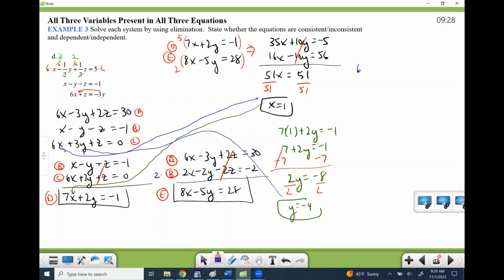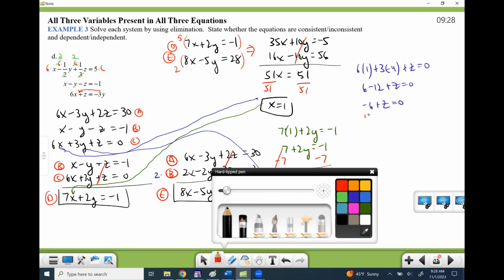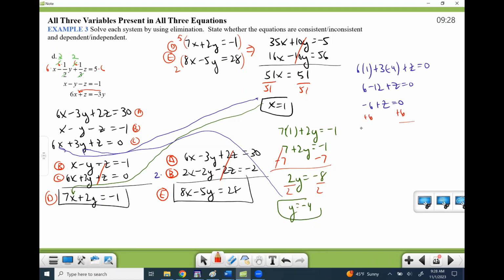So we have 6 times x plus 3 times y plus z equals 0. So 6 minus 12 plus z equals 0. -6 plus z equals 0. And if we add that 6 over to the other side, we get that z equals 6.